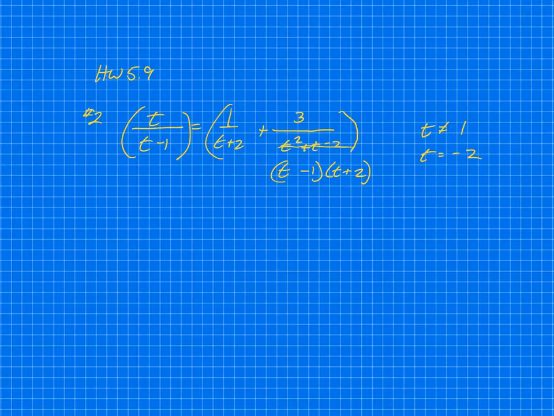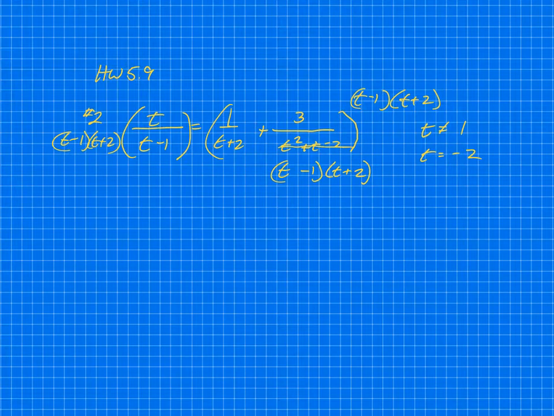So over here we have t minus 1 times t plus 2, and t minus 1 times t plus 2 over here. And let's go ahead and, what cancels on the left-hand side of the equation?